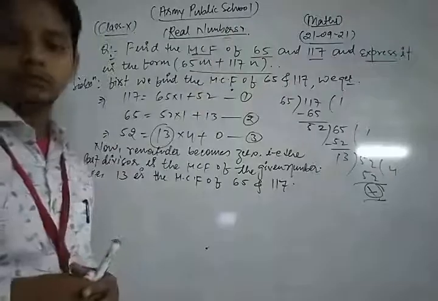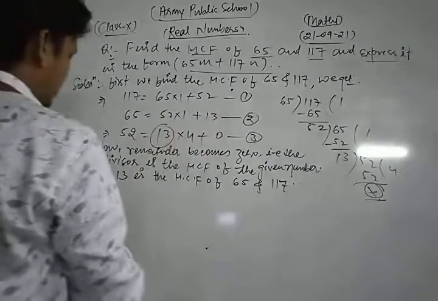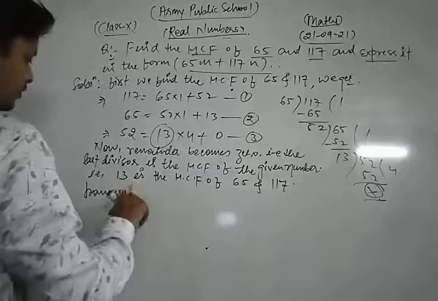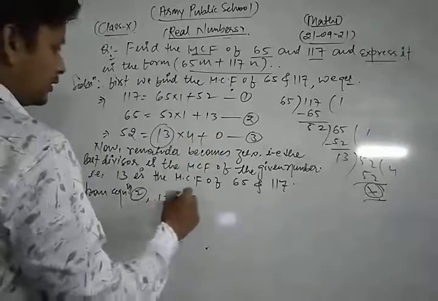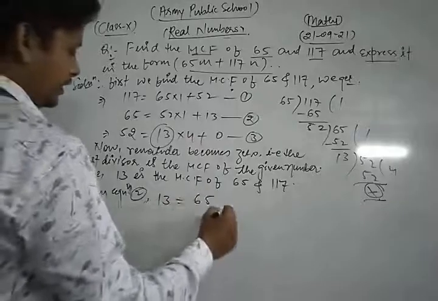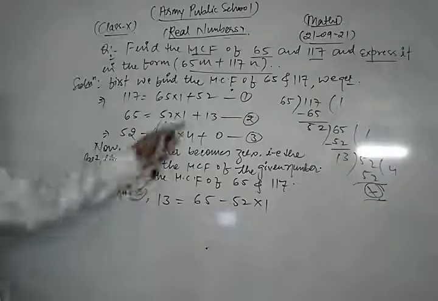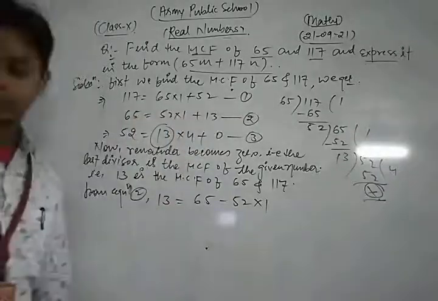So first, from equation 2, we can write 13 as 65 minus 52 into 1.